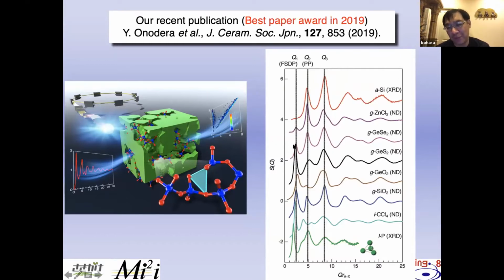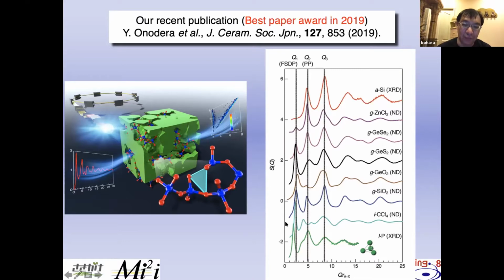But the first sharp diffraction peak is observed in molecular liquids. So this is liquid phosphorus. This is tetrahedral, but there is no center atom. But in carbon tetrachloride, carbon occupies the center of the tetrahedra, and carbon is surrounded by four chlorine atoms. But they are isolated, no sharing. These are isolated tetrahedra.